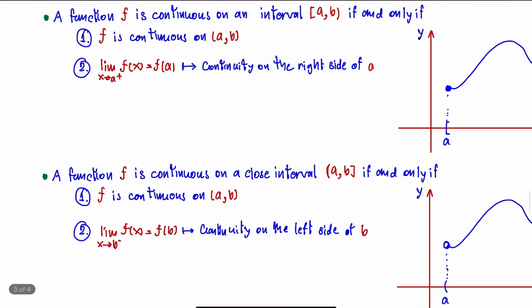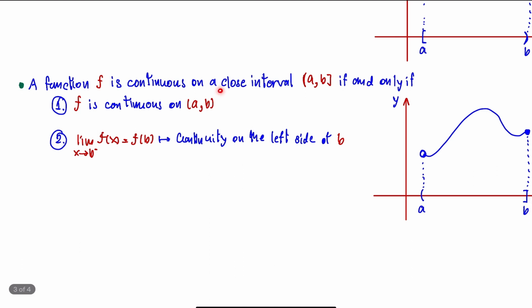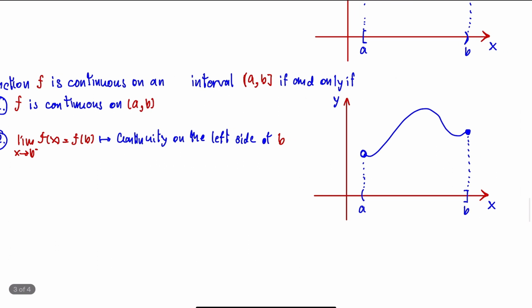Now let's go to another one, which is the function f being continuous on the interval from a to b, excluding a. I'm not calling it a closed interval. So what do we have right here? We have this interval that does not contain a, and we have all the values greater than a until you reach b.